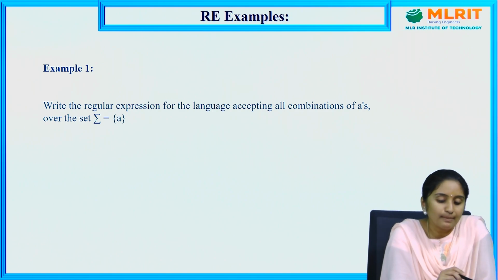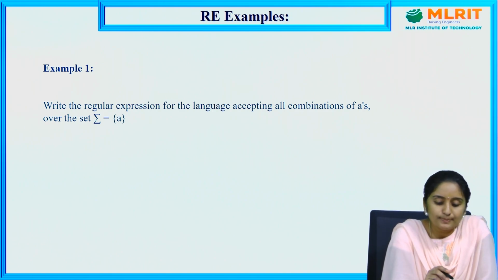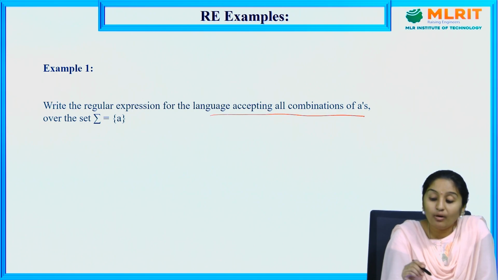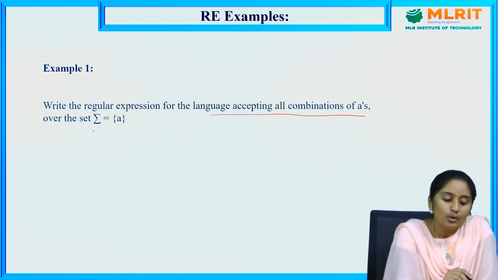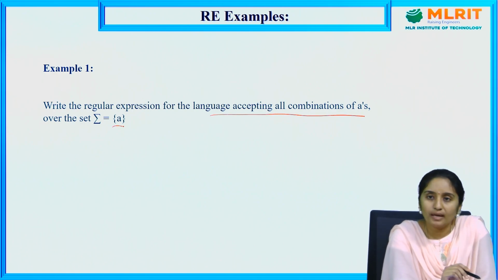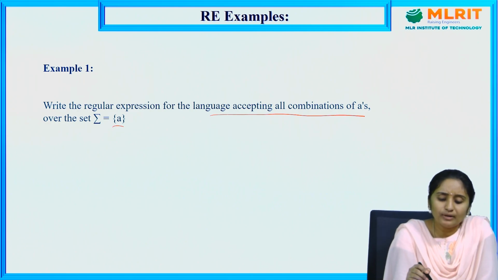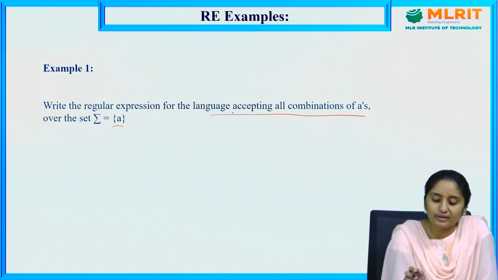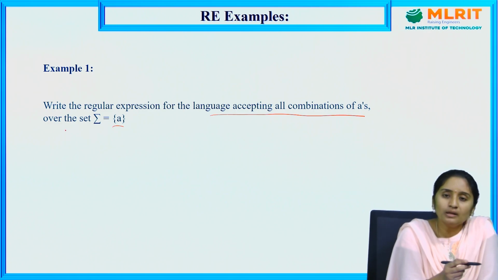Next, examples. Some examples we will look into here. Write the regular expression for the language accepting all combinations of A's over the set sigma equal to A. Here, we are going to construct a regular expression for the language. The language should accept all the combinations of A's.